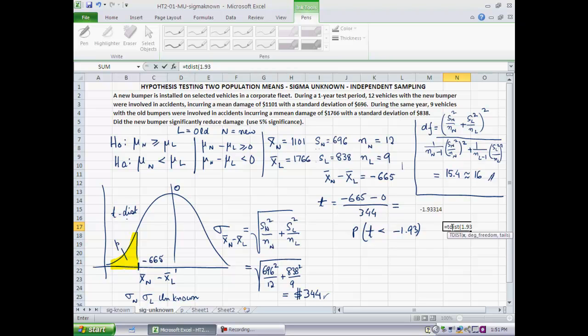Notice I did not put minus 1.93 because T.DIST only works with positive values of t, and I know that the area to the left of minus 1.93 is the same as the area to the right of plus 1.93. Degrees of freedom is 16 that we just computed above.